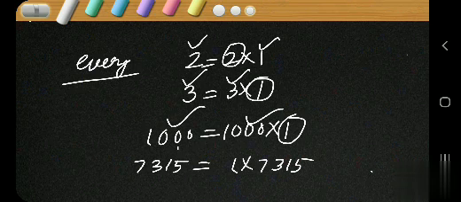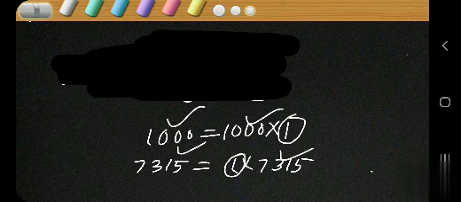So, any number can be written as the product of 1 and that number. So, from this, what can we conclude? Since any number can be written as the product of 1 and that number, every number is a multiple of 1.